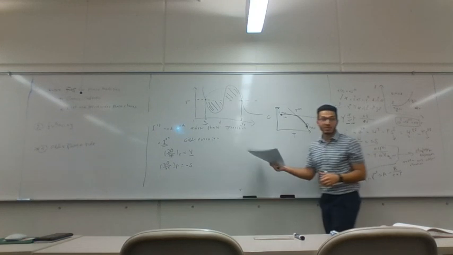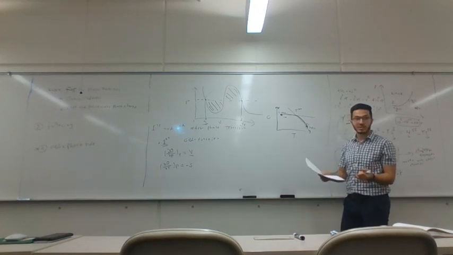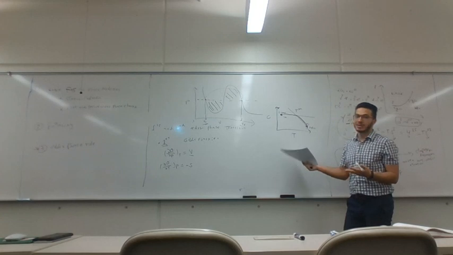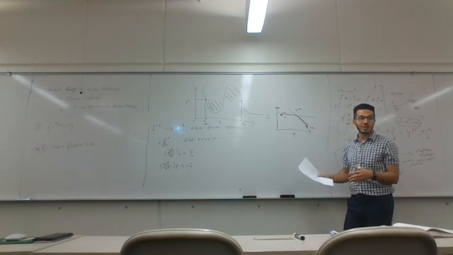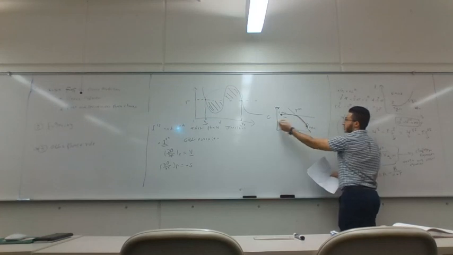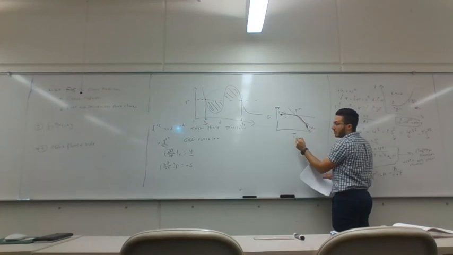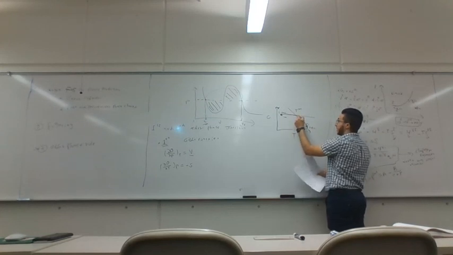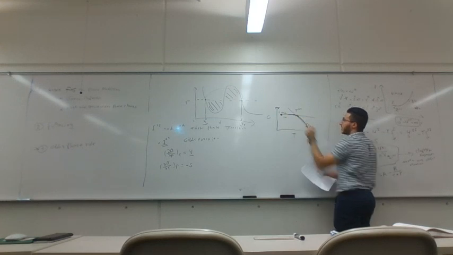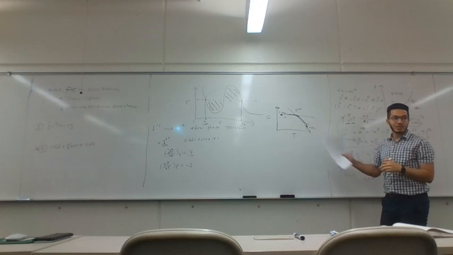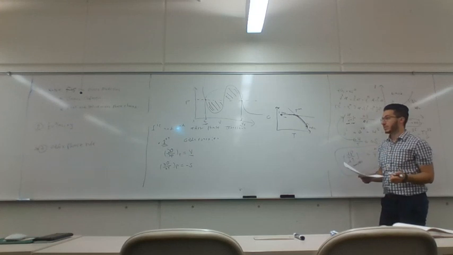So for a first order phase transition, we have Gibbs continuous, but volume, or density in this case, and entropy are not continuous. Partial G partial T is negative entropy. If you take the slope from this direction, it's different from the slope from this direction, right? So this is the first order phase transition.